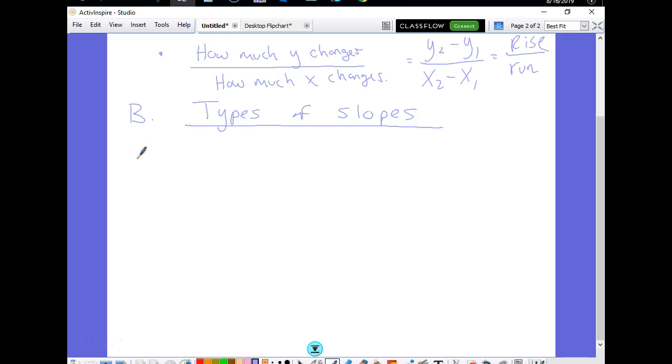So, don't write what I'm about ready to write. I'm just going to put a dot here and a dot here. Okay, so if I go to the right and up, am I going to get a positive or a negative fraction?